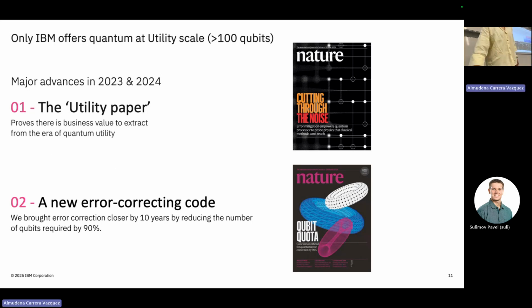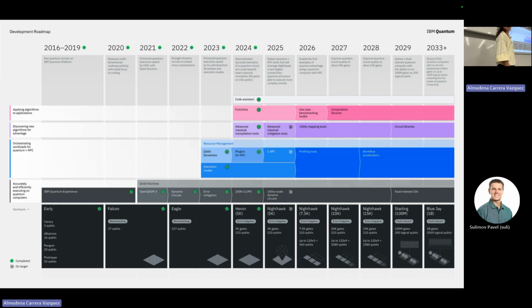So I want to show the roadmap just to give an idea of where we are at and what we are looking into in the future. And for now, let's just focus on the bottom row, which is the different devices that we had.